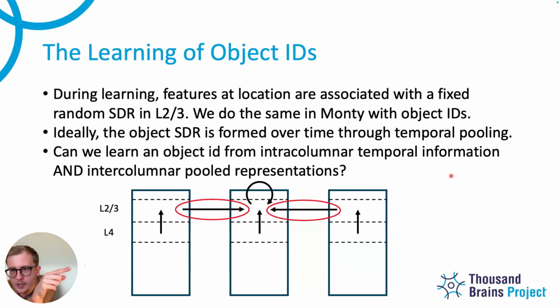But it's not clear to me why it's necessary for voting. The enforcing of sparsity? No, I mean why can't we just do the simple thing of each column having a random ID, a random SDR for each object, and then it just learns associative connections between those? Yeah.